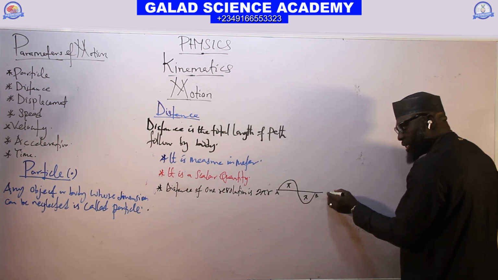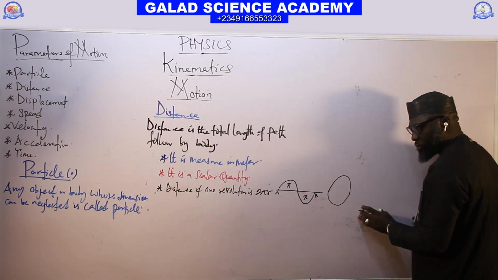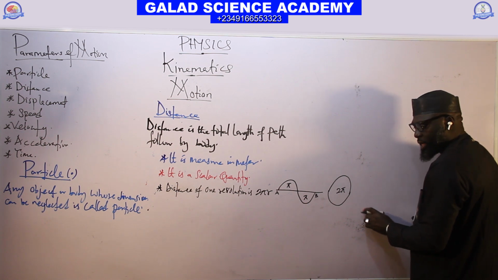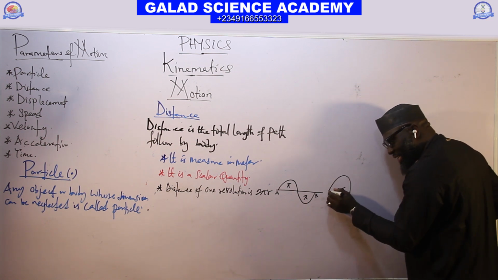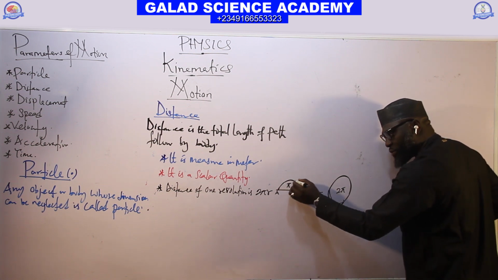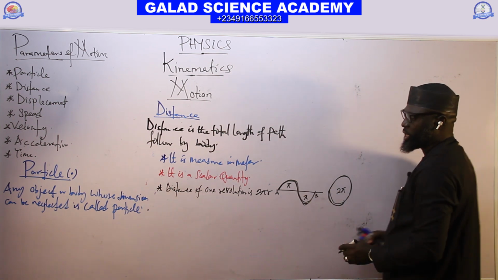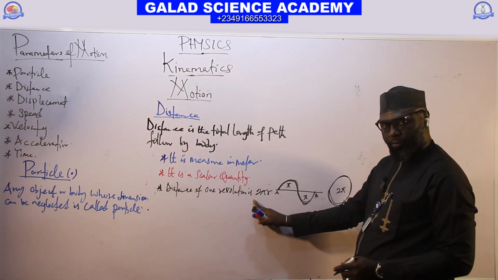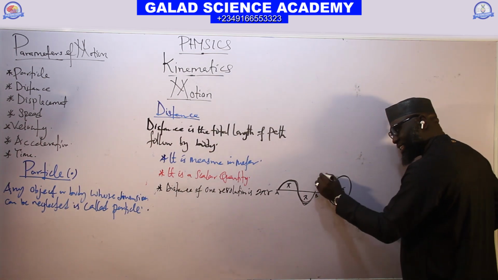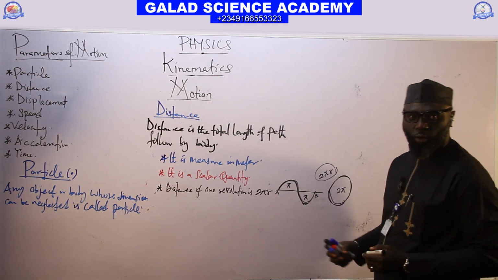If we combine the two together, we form a circle, so we have 2 pi. The total distance covered for this journey is called one revolution, and the distance covered for one revolution is 2 pi r, which is the perimeter of a circle.